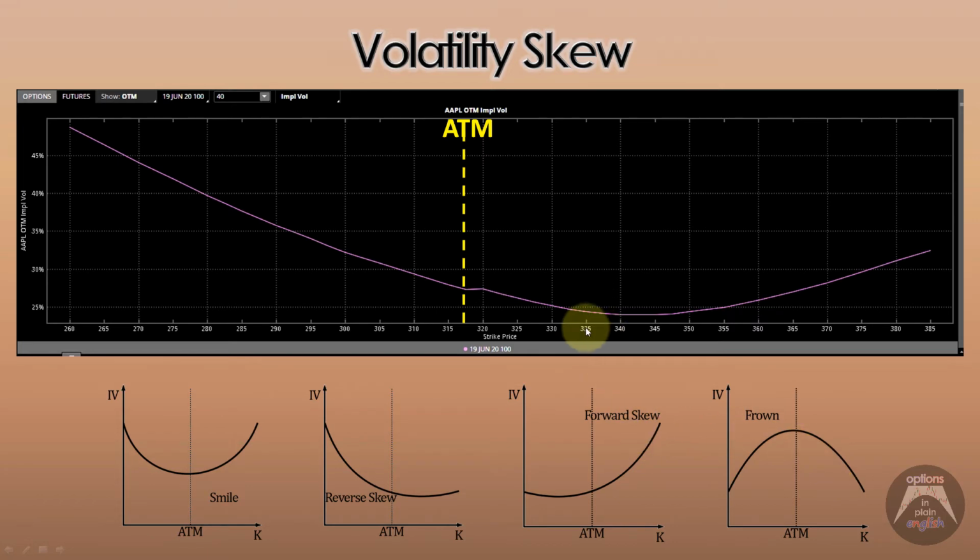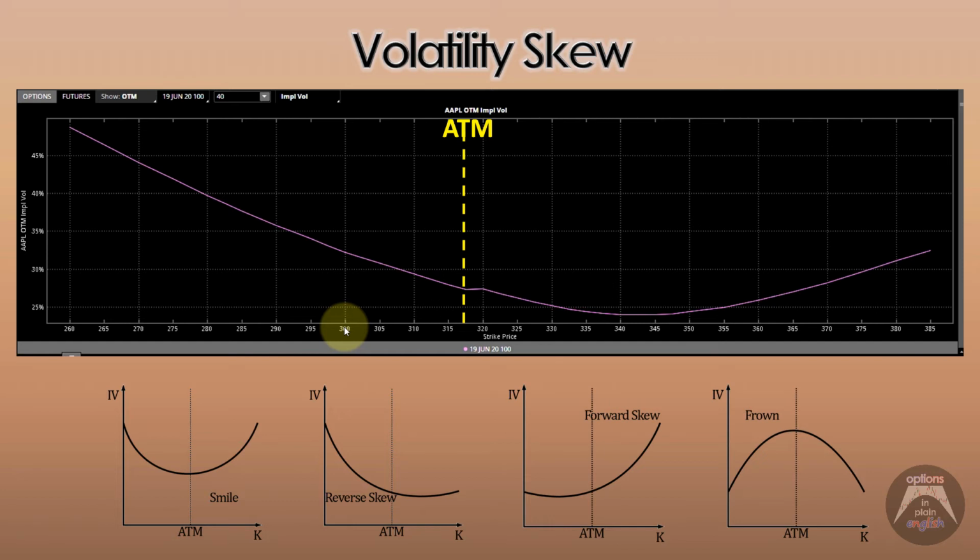In this case, for equity products, we usually have reverse skew, which means that the low strike prices have high implied volatility. Why is this? Well, there are many theories as to why. One of them is that when there is a shock to the system and there's a crash or an event such as that, the overall prices tend to go down with high velocity.